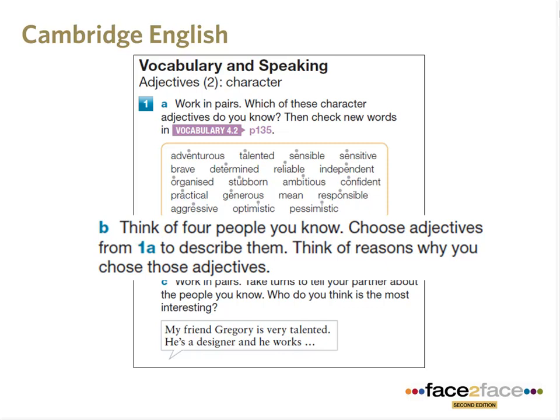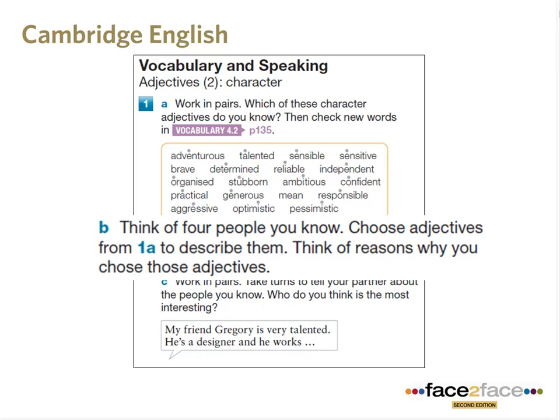And it's a very strong principle of face-to-face that we really like giving students preparation time, particularly for speaking activities. Even in your own language, it's quite hard to do this off the top of your head. You need to think of the people, think of the adjectives, think of why. That all needs a bit of thinking and preparation time.